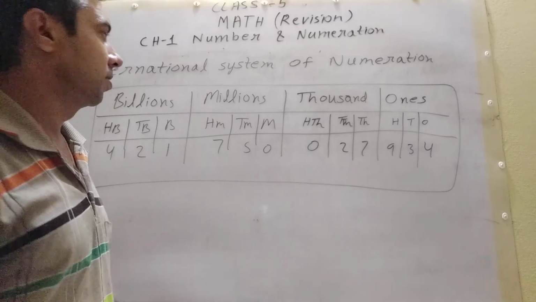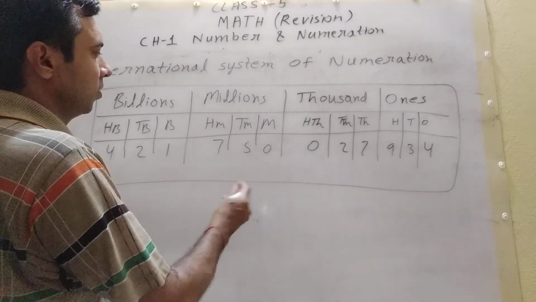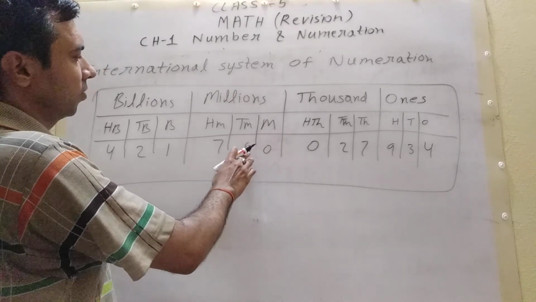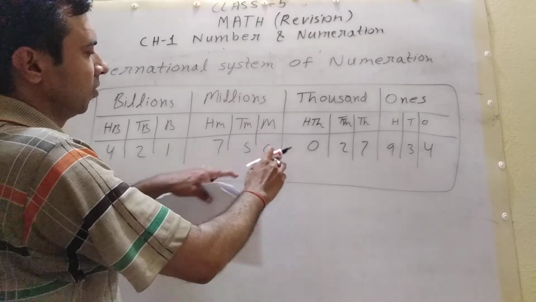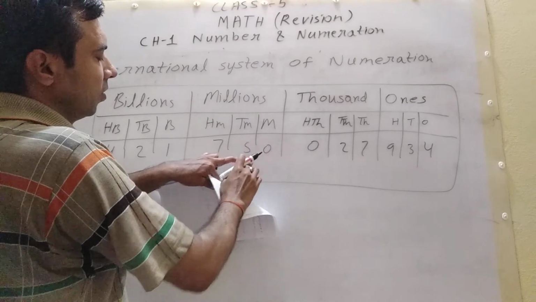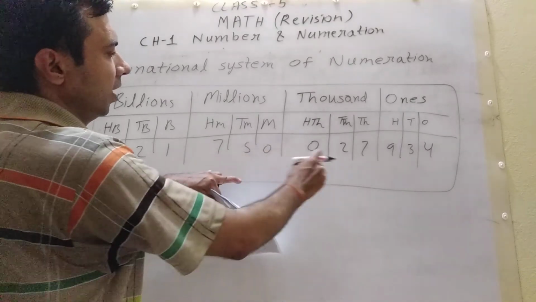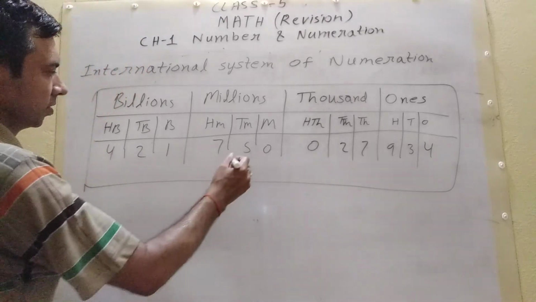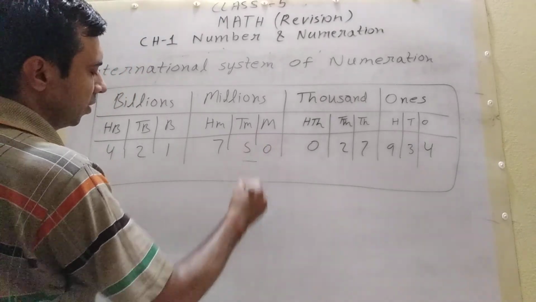Whatever number is asked, you can easily find out the place value. If the place value of 5 is asked, you can easily say that it is 10 million. What else can you do? You can write 5 and make the rest of the digits 0. You will get your place value. Suppose I have to find the place value of 5.